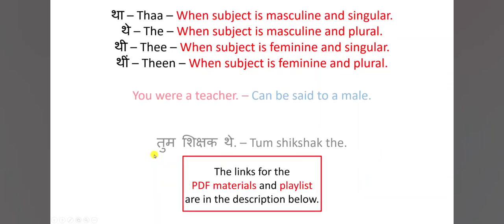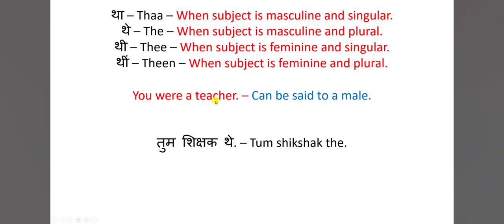Next, you were a teacher. If you want to say this to a male, you can say it like this. तुम शिक्षक थे. तुम शिक्षक थे. तुम is you, शिक्षक is teacher, थे is were.